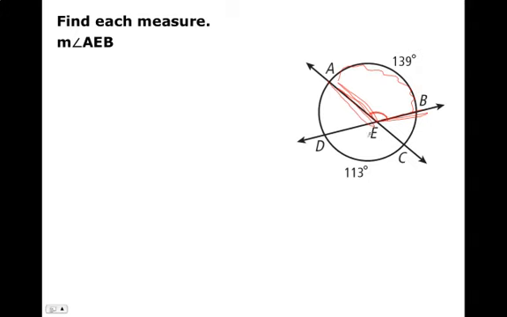If we go across, we also know arc CD. So all we have to do to find the measure of angle AEB is take 1/2 times 113 plus 139, or the sum of the arcs. In this case, we have 1/2 times 252, and we get that the angle is going to be 126 degrees.